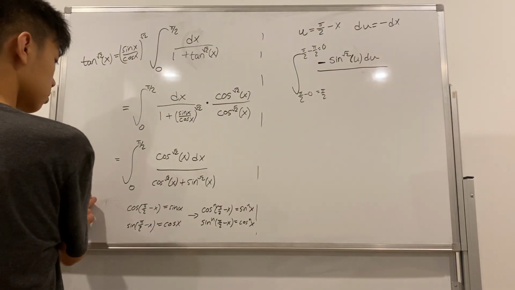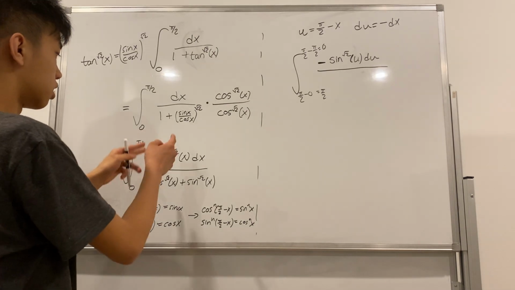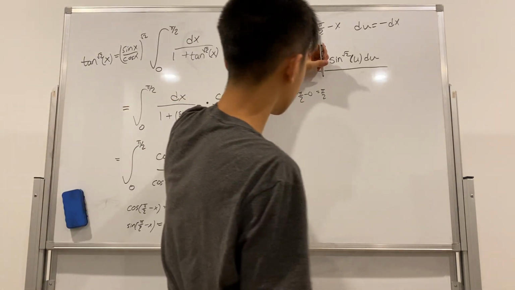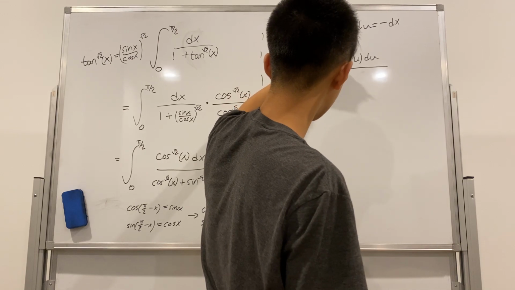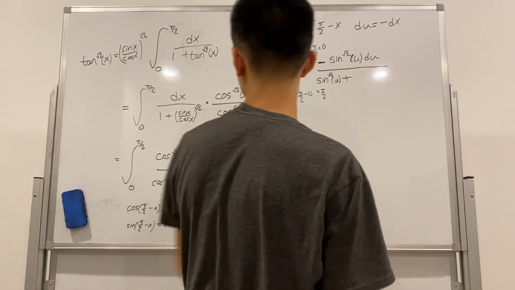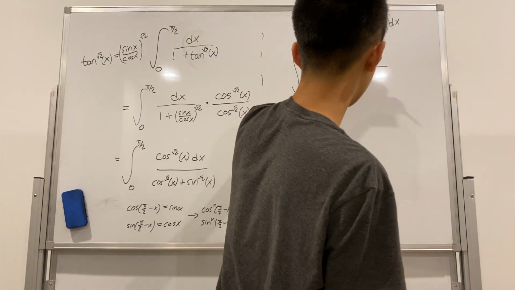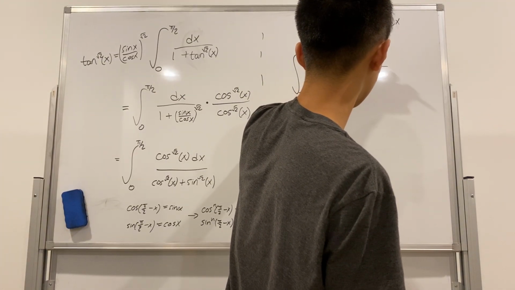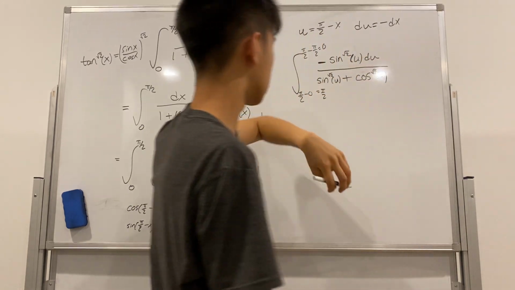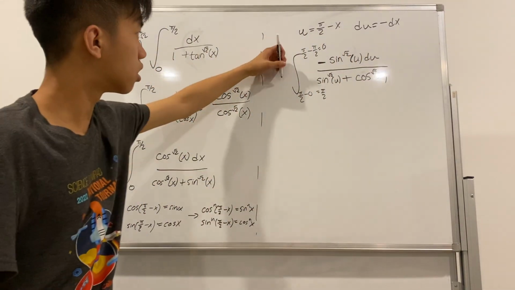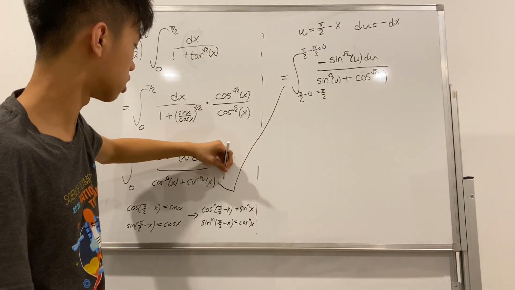Then we'll have sine here plus cosine here. So this is equal to this.